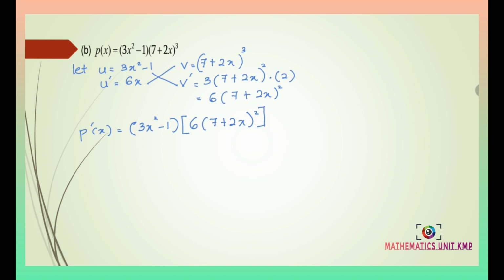Then we close the bracket, plus vu', which is (7 plus 2x) cubed times 6x.